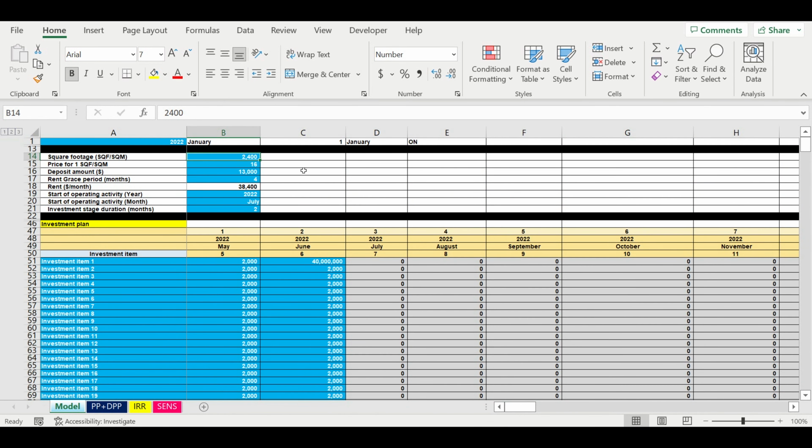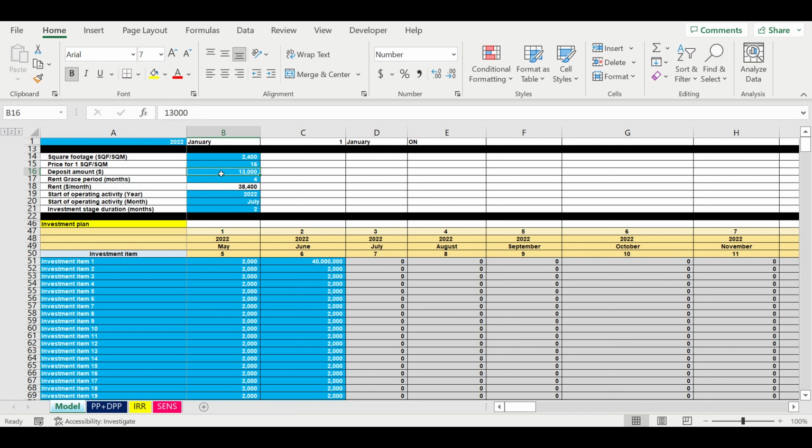Then, because we are discussing the rent calculator, we start with rent parameters. First of all, we assume how many square feet or how many square meters we have in our location where we're planning to start the business. Then we specify what is the price per 1 square meter or 1 square foot in your location.